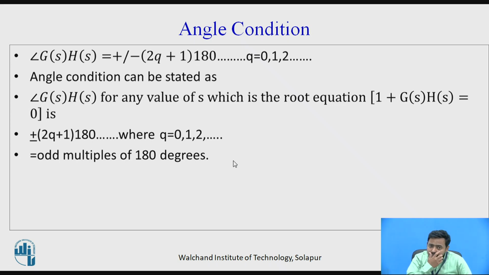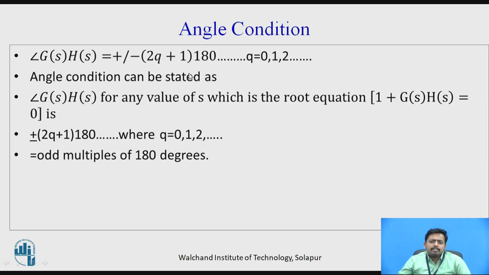So the angle condition states that the angle of g of s into h of s should be an odd multiple of 180 degrees, that is plus or minus 2q plus 1 into 180 degrees, for q equal to 0, 1, 2 and so on.